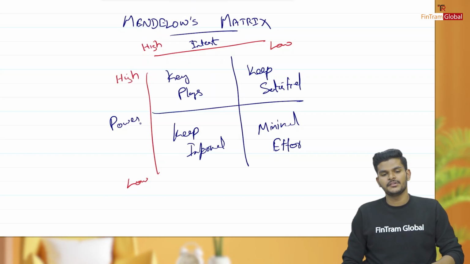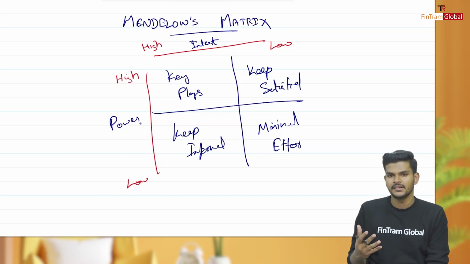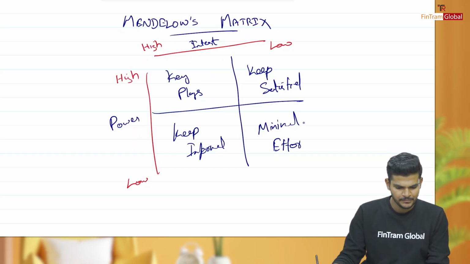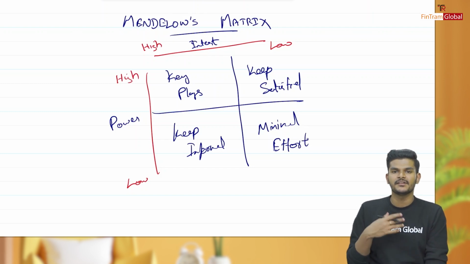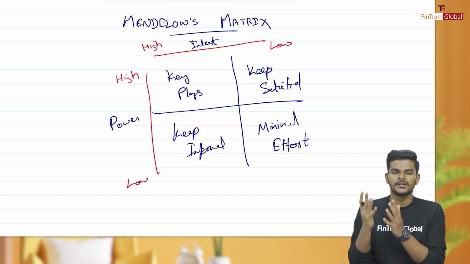Interest and power are the two factors which we look into in order to categorize the stakeholders into one of these four categories. What are these four categories? First of all, we have minimal effort. Within minimal effort, the interest and power of that particular stakeholder is low, therefore we may not have to take much effort towards that particular stakeholder.